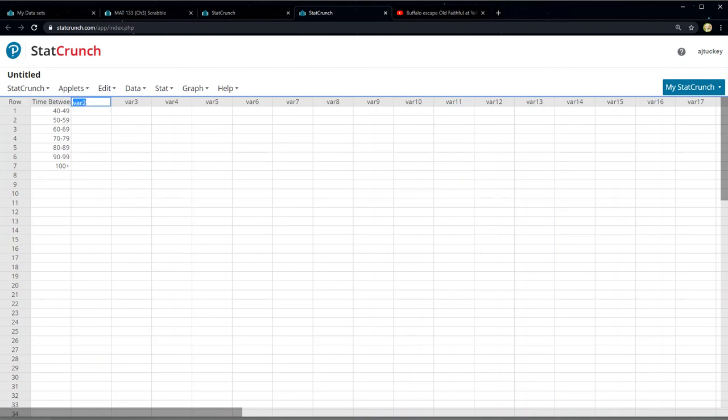So we're just going to write midpoints right here. And those would be 45, 55, 65. There we have it. And then over here we want the frequency. I'll make this particular table available publicly so you can actually just go and type.